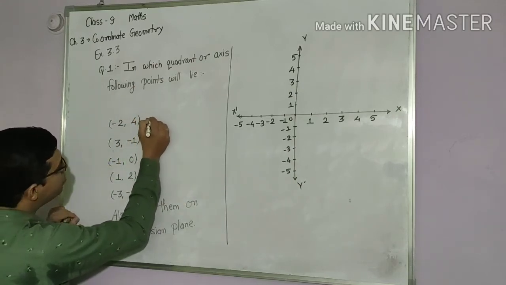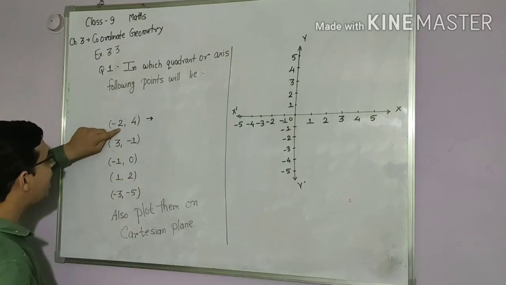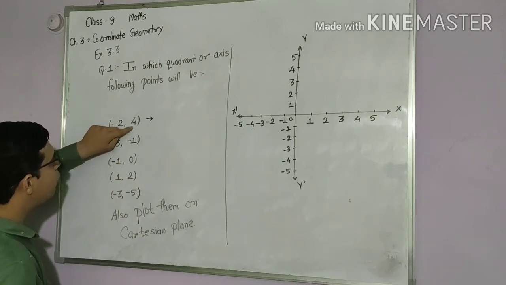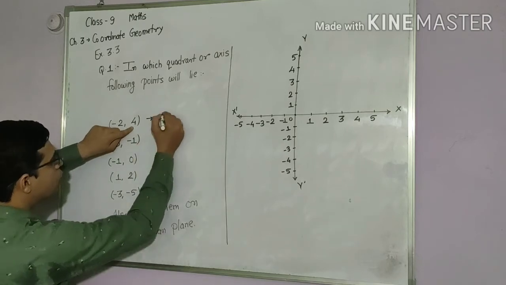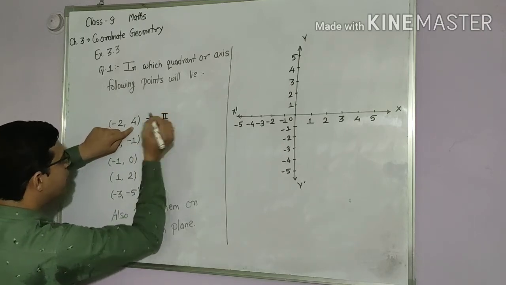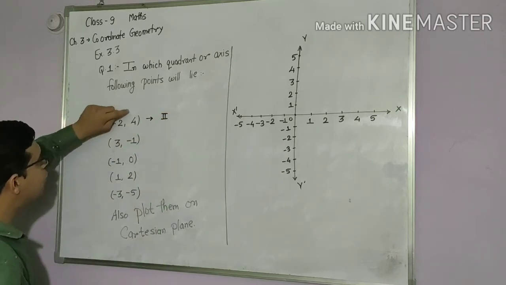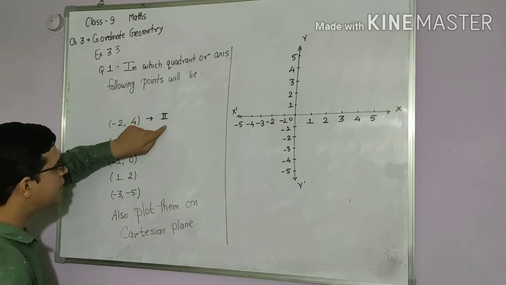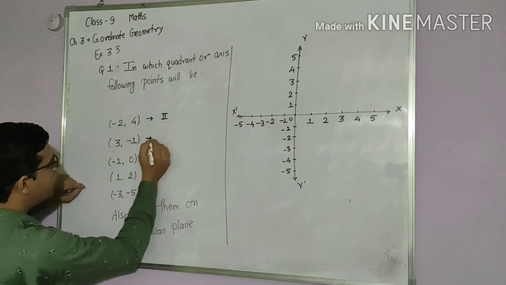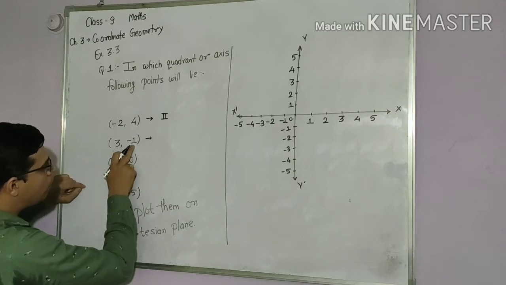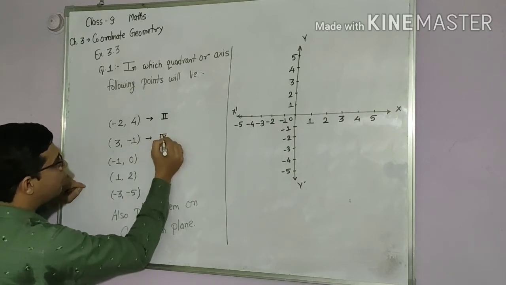So (-2, 4). Here x is negative and y is positive, so it will be in the second quadrant. As we have discussed, if x is negative and y is positive, it will be in the second quadrant. Here x is positive, y is negative, so it will be in the fourth quadrant.